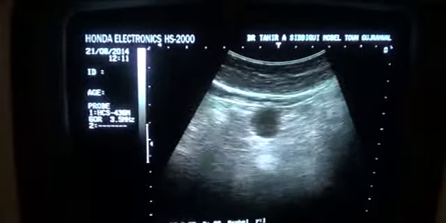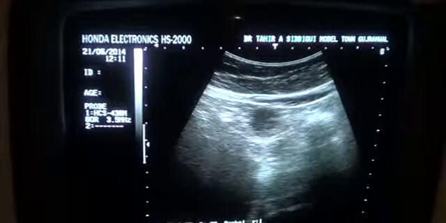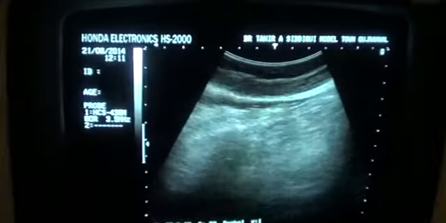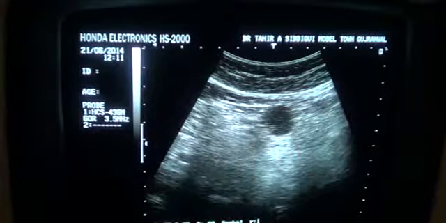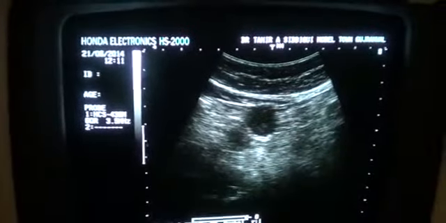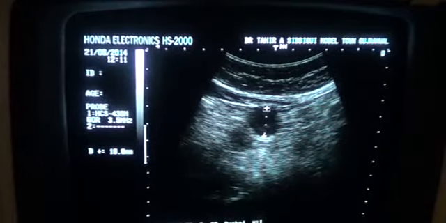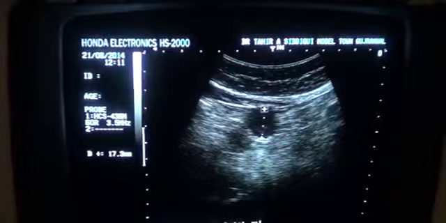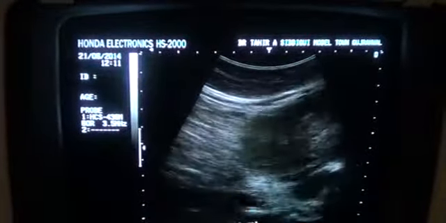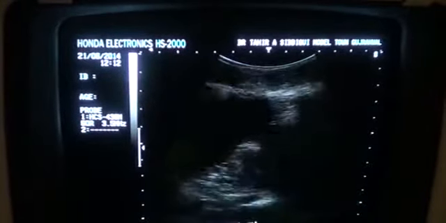Now, what is the cystic area? A small cystic area, approximately measuring 17.3, below the peritoneal line, adjacent to the mass in the region of the epigastrium.